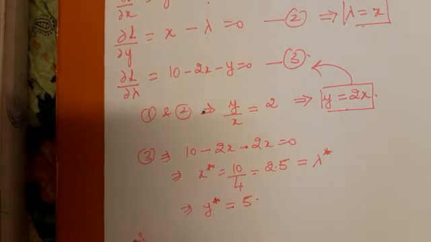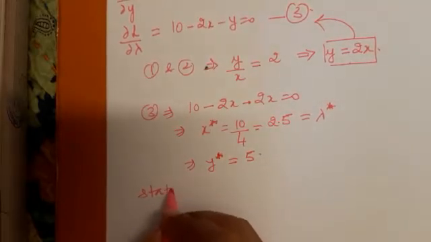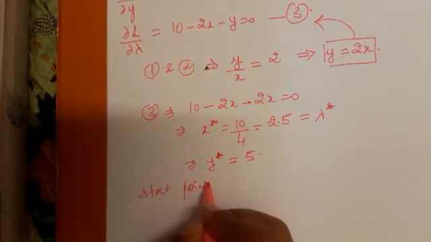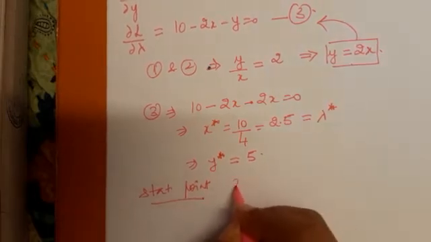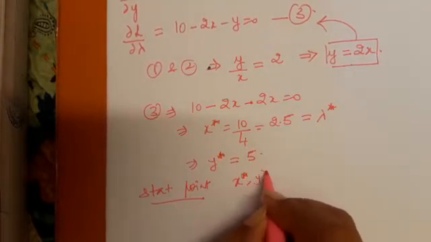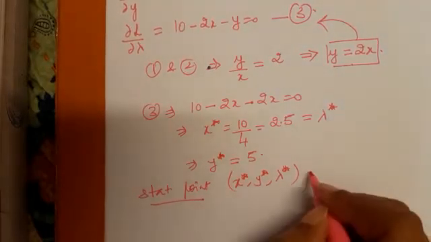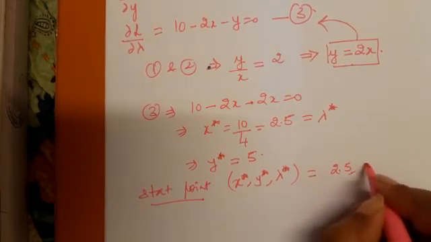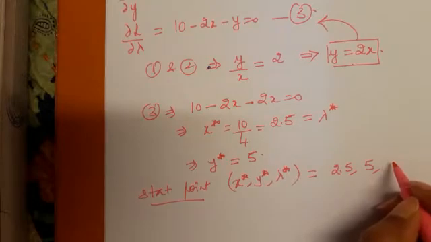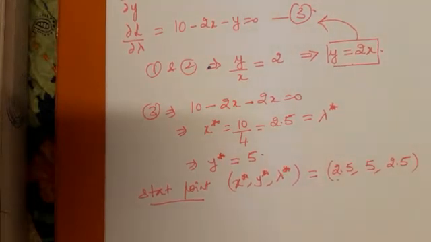So a stationary point, note here that because you have 3 choice variables, the stationary point is going to be specified in terms of x star, y star and lambda star. Don't forget the lambda. So the stationary point is 2.5, 5 and 2.5. This is your stationary point.